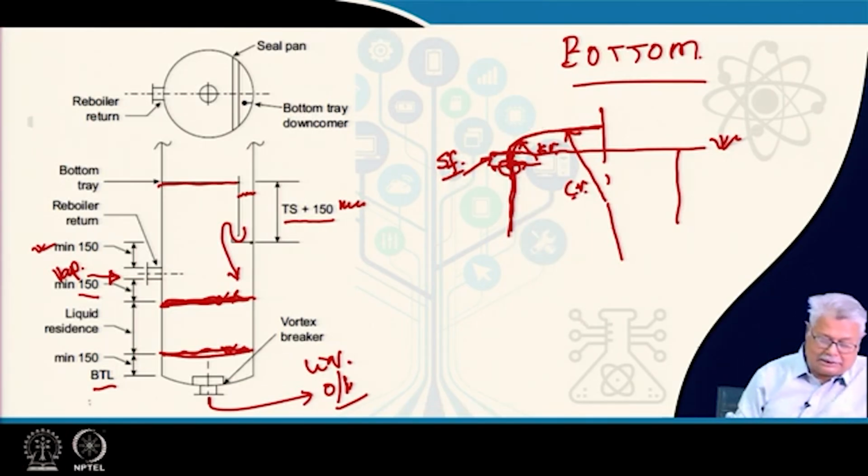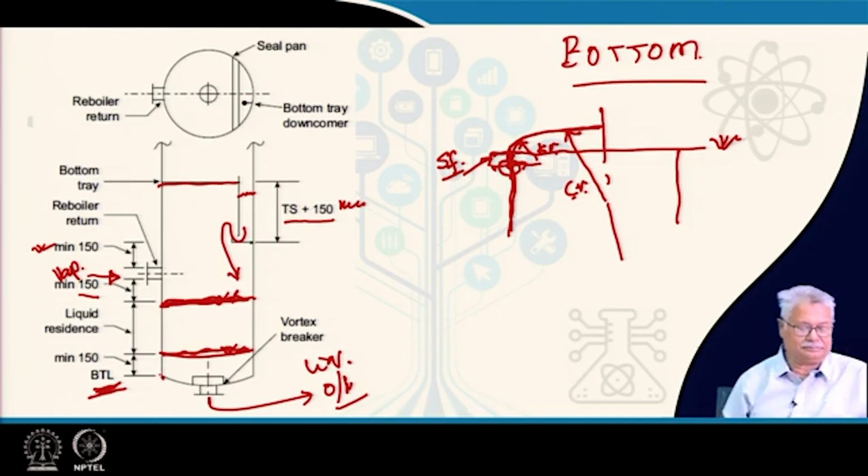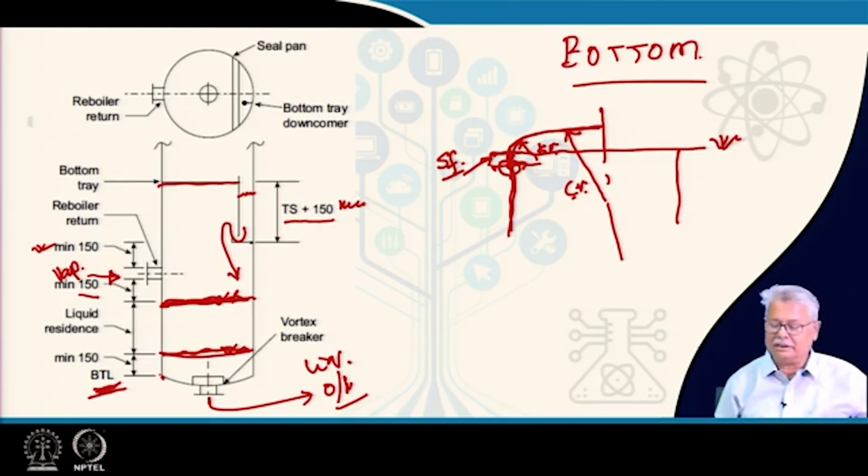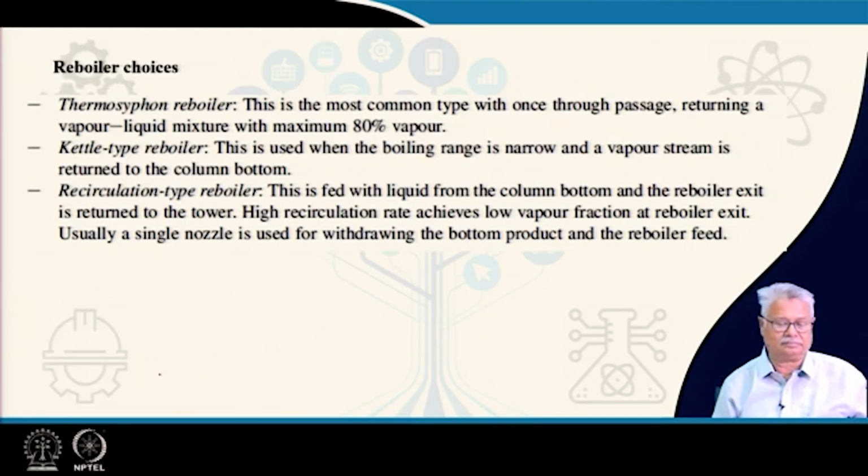So, the term bottom tangent length here refers to the end of the cylinder and the start of the curvature. This possibly I will be illustrating more when we talk about the process vessels.